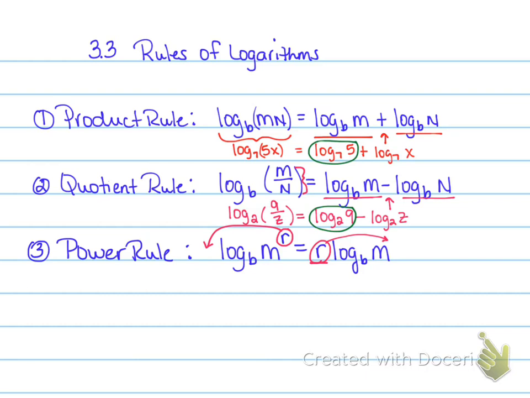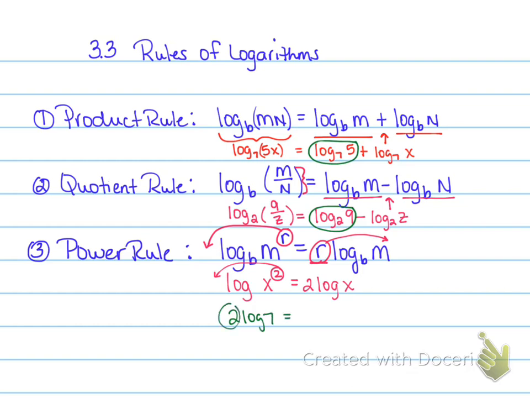A good example might be if I had log of x squared. I could take that 2 and move it in front of its log to make that 2 times log of x. Or let's do 2 log of 7.